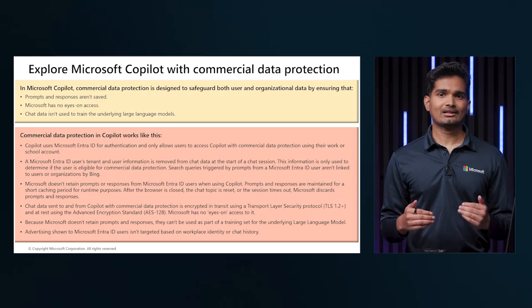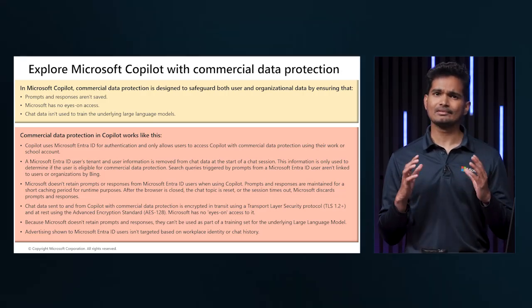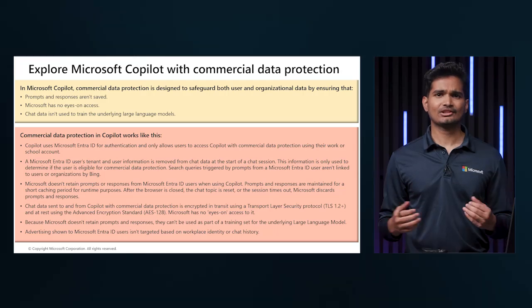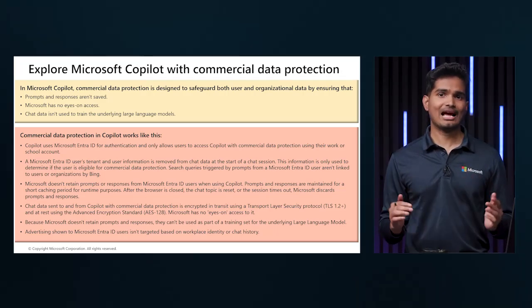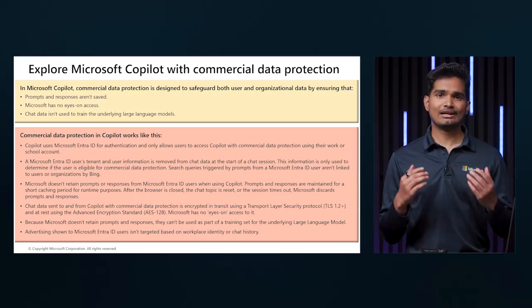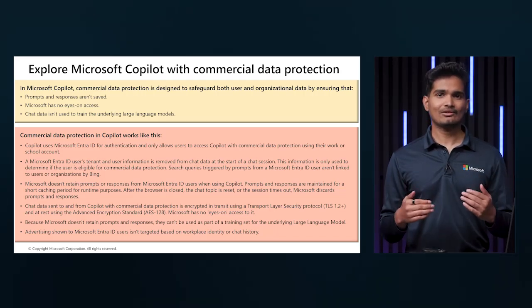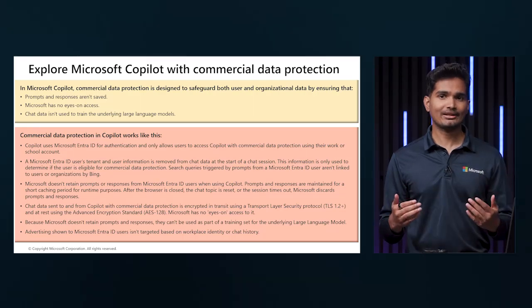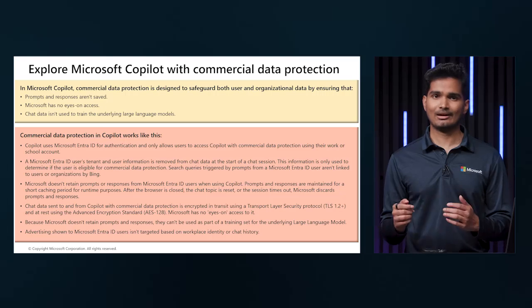Microsoft Copilot comes with commercial data protection by default. What does this mean, you might ask? It means that Microsoft has no eyes-on access to your data and your chat data isn't used to train the underlying large language models. Copilot is integrated with Microsoft Entra ID for authentication and only allows users to access Copilot with commercial data protection via their work or school account.